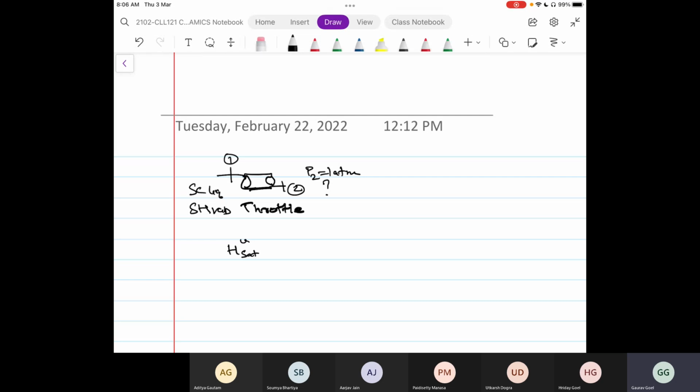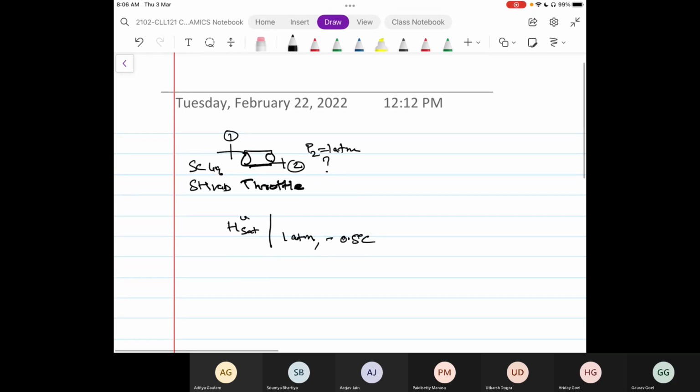And I mentioned in the last class at the end that I will discuss an alternate route also for calculation of HVSAT at these conditions, 1 atmosphere and minus 0.5 degrees Celsius. So one route was discussed earlier, one more I'm going to discuss now.